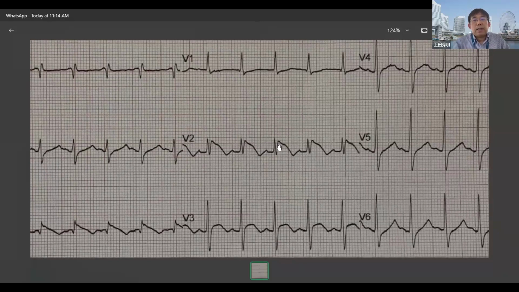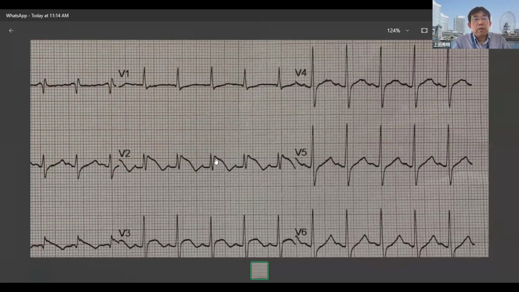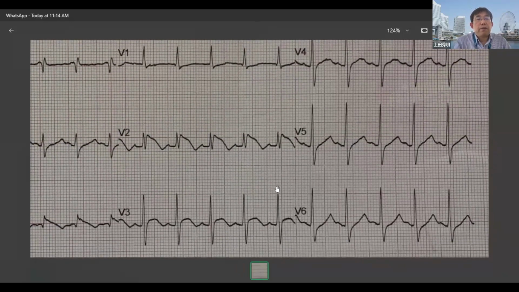So the QT is prolonged, the limb leads are very low voltage, and we can see the saddleback pattern, which might suggest that the function of the ventricle may be diminished at this point.